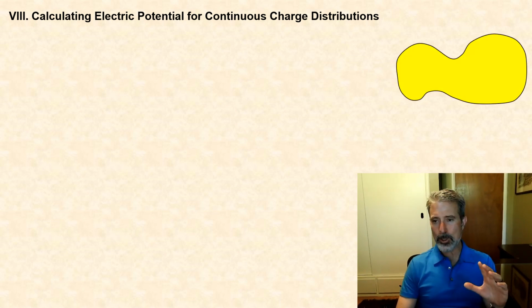This is an approach we see over and over. Let's start with our continuous charge distribution. We'll break it up into an infinite number of infinitesimal charge elements dq, where each dq is a distance r from the field point.